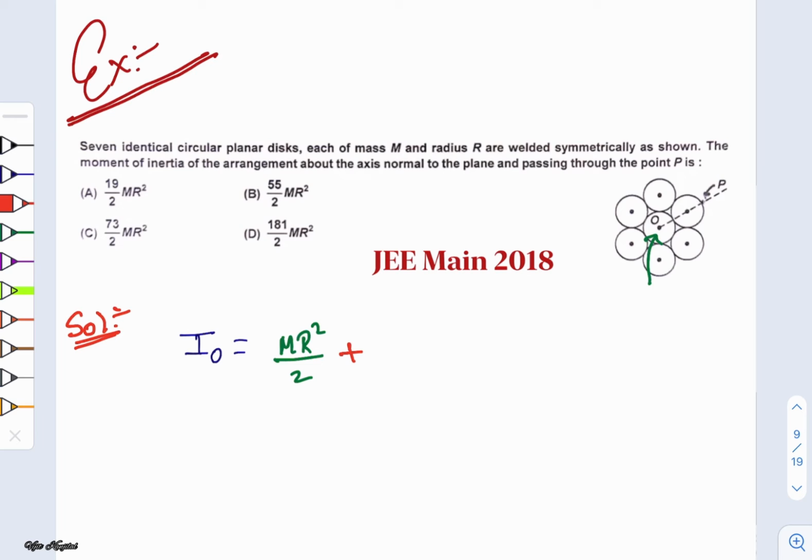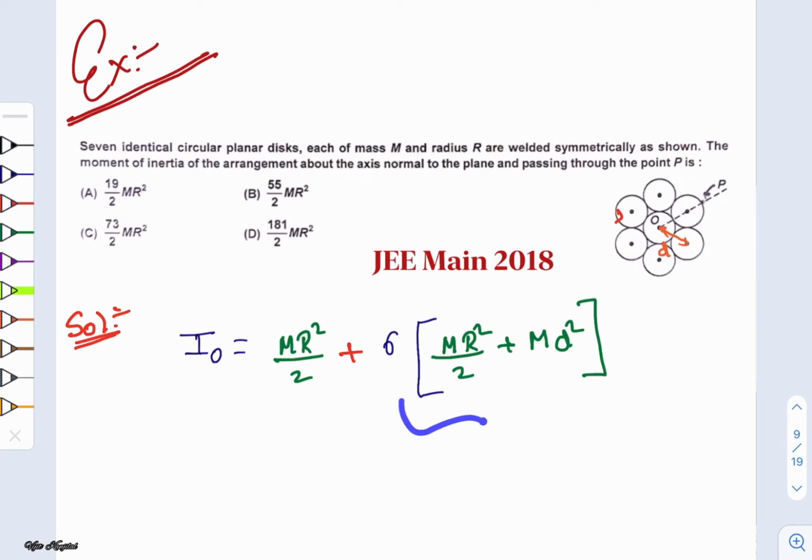And what is the contribution of the 6 surrounding disks towards IO? It would be nothing but 6 times, as these disks are symmetrically located and the disks are identical, mr square by 2, that is the moment of inertia of each of these disks with respect to their centers, plus m times d square, where d is the distance between the center of the central disk and a surrounding disk.